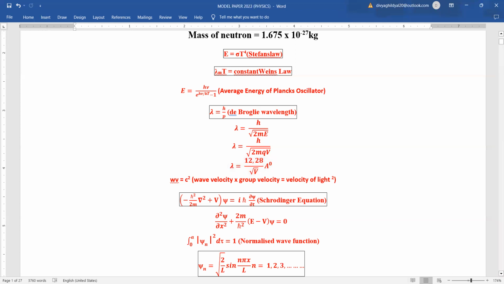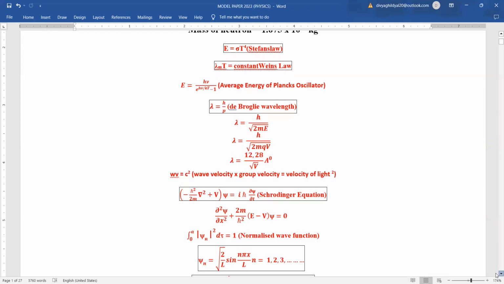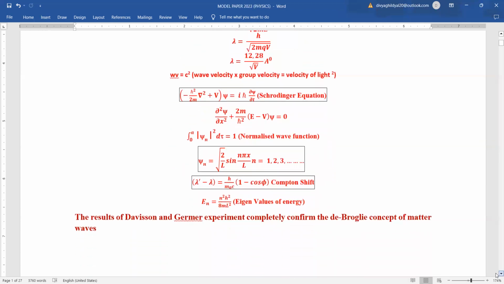The relation between wave velocity and group velocity is wave velocity into group velocity is equal to square of velocity of light. Every year, a question in section C is asked where you are expected to derive the Schrödinger wave equation.